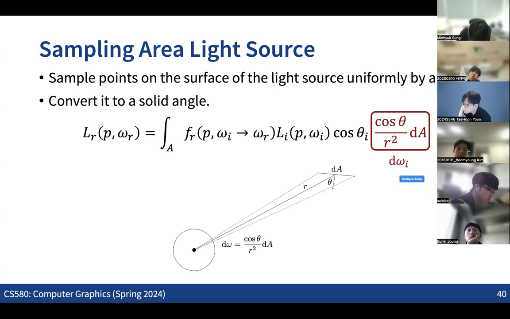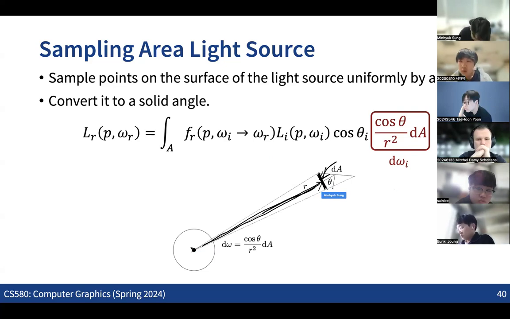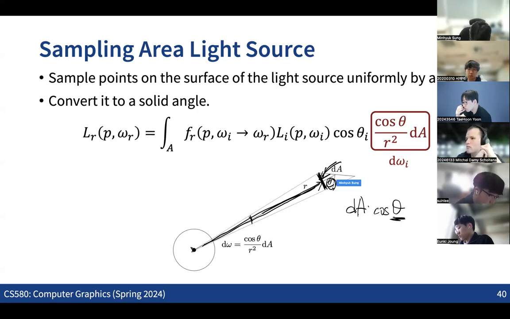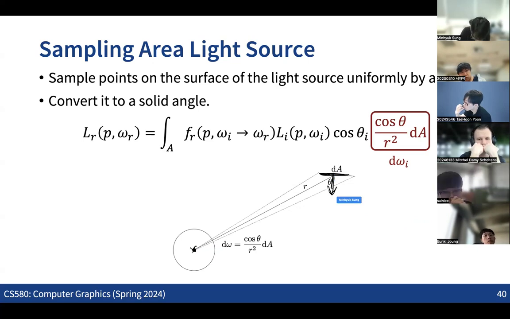Because from the definition of the solid angle, the area which is perpendicular to the direction from the point to the light source becomes the area which is subtended by the solid angle, right? So this area is basically dA times cosine theta. Here theta is the angle between the direction from the point to the light source and the surface normal of the area of the light source.